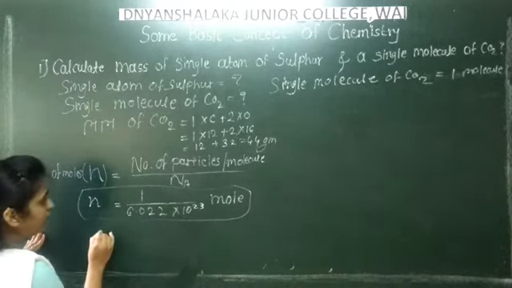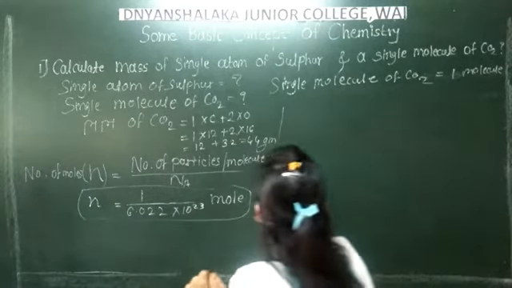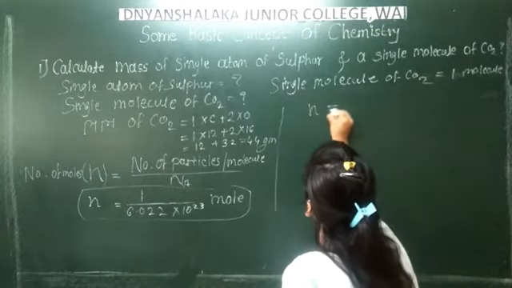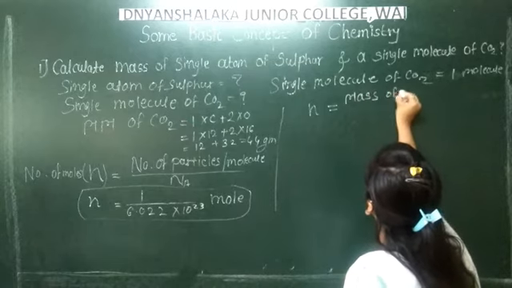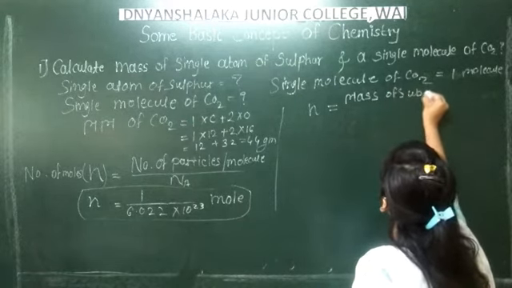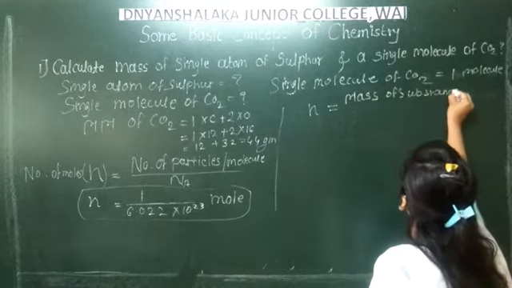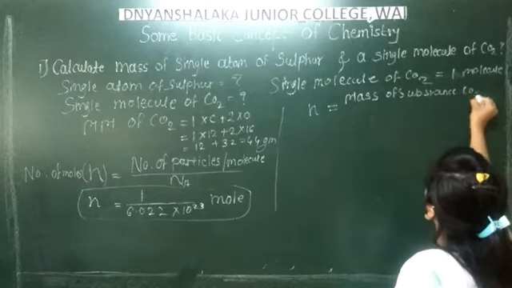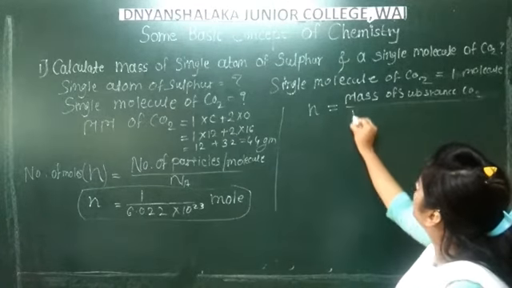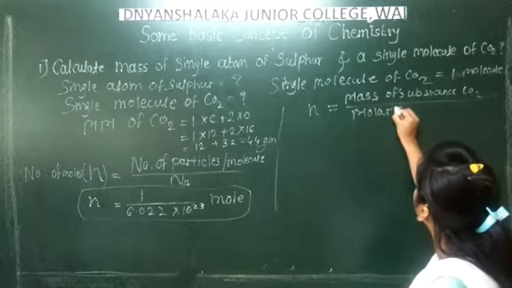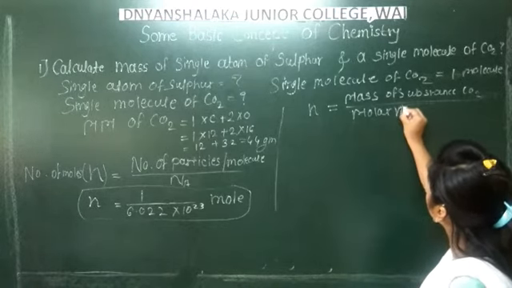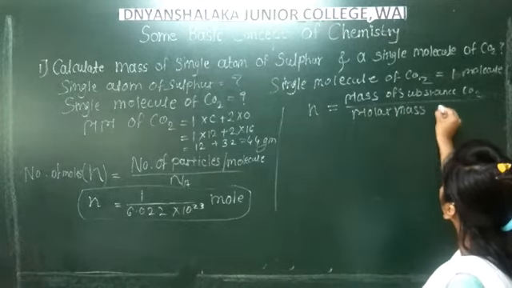So the next formula we use is n, which is equal to the mass of substance, CO2, upon the molar mass of the substance, CO2.